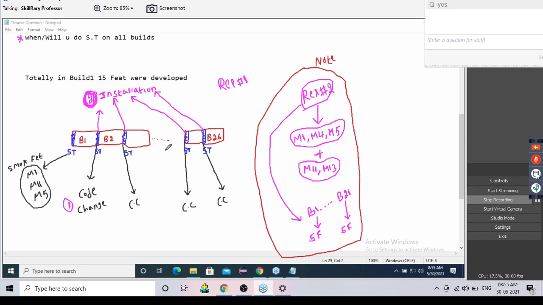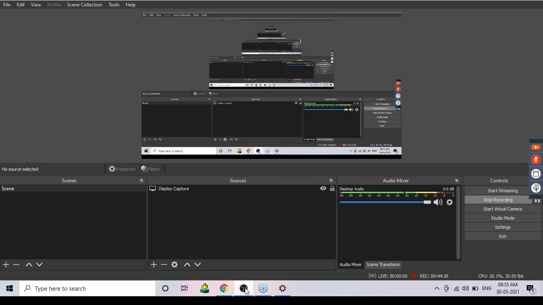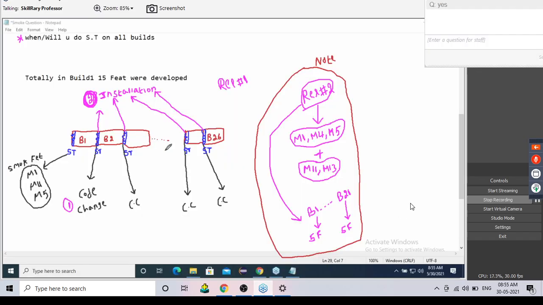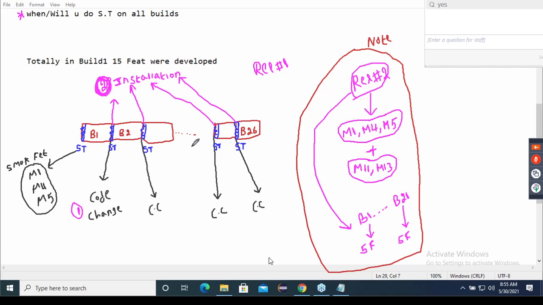Remember that point first of all. Whatever types of testing you are doing, let the car be used by your dad, your mom, or me, or my brother, my sister, your friend also, still they will check whether the petrol is there and air is there or not. Like that, your type of testing is not a concept here. Build is the concept here.